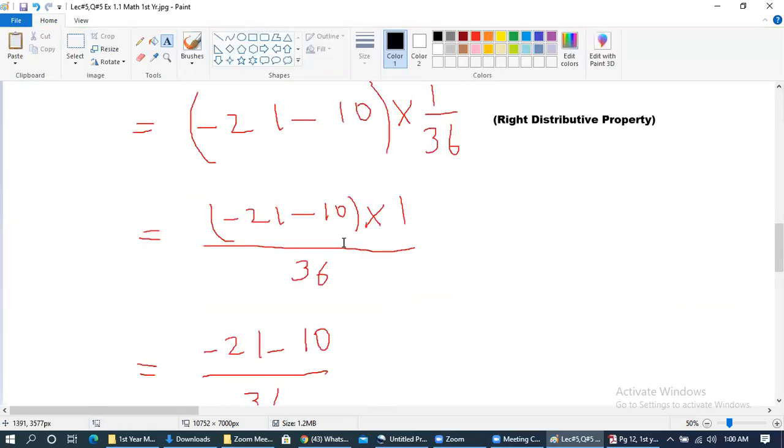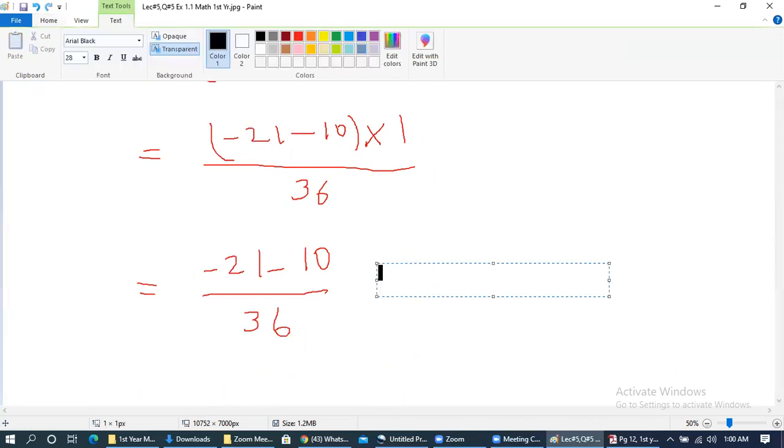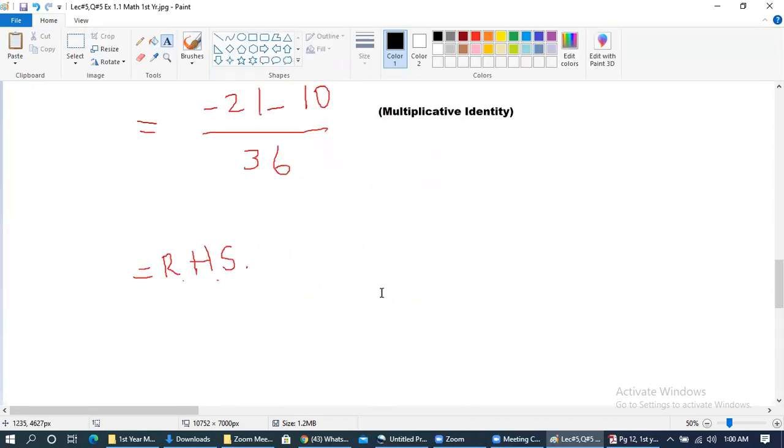In the next step, this step is same, and in the last step, we have multiplied it by 1, and whenever something is multiplied by 1, you must know that this is the multiplicative identity, because 1 is the multiplicative identity. Hence, we have got the proof. Thank you very much.